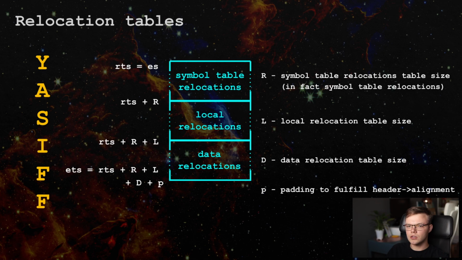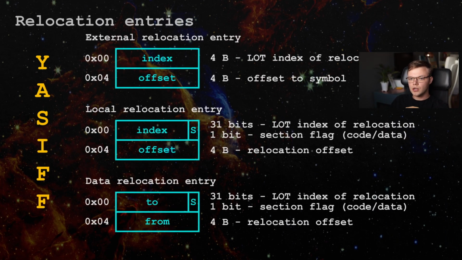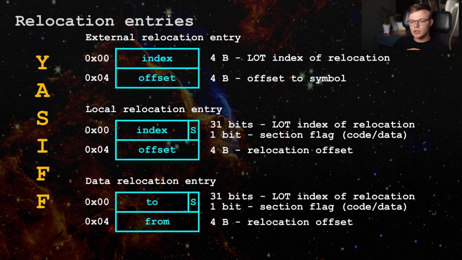Local relocations are those where information about symbols is not needed, and data relocations are for relocations that must be done inside RAM. Padding and alignments are used to easily parse on the microcontroller side. Symbol table relocations use an index of the offset table and an offset to the symbol table entry. Local relocation uses an index of the offset table, a section flag if the relocation is towards code or data, and a relocation offset.